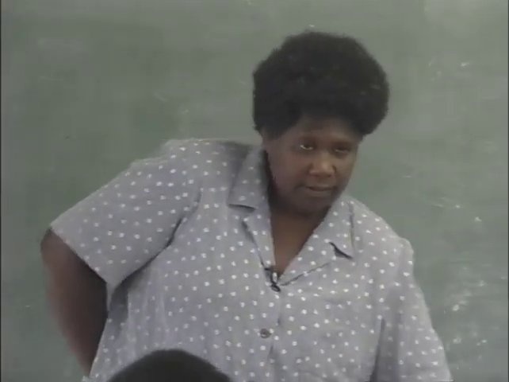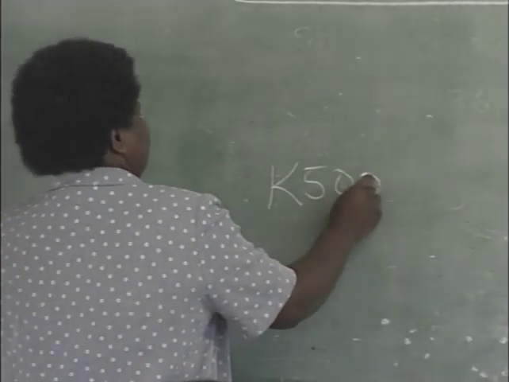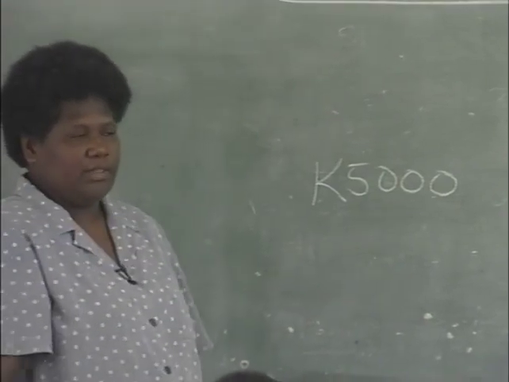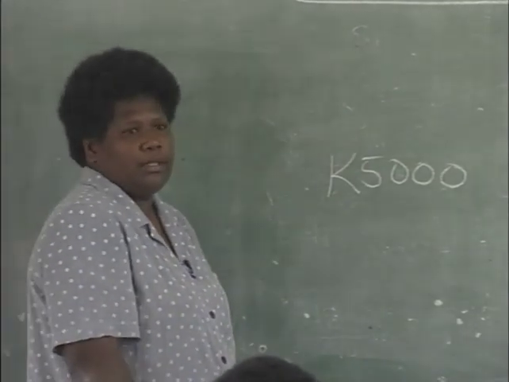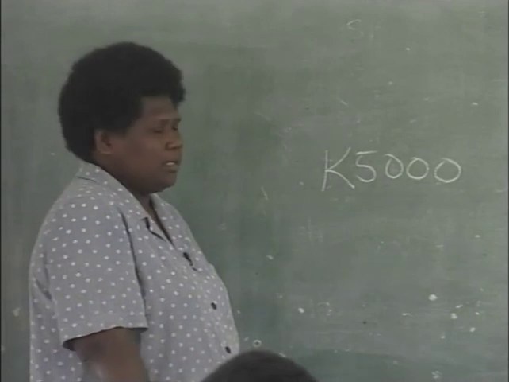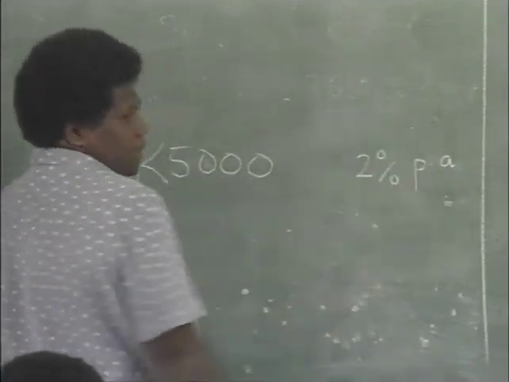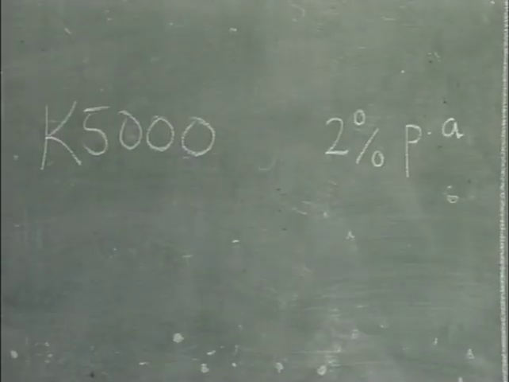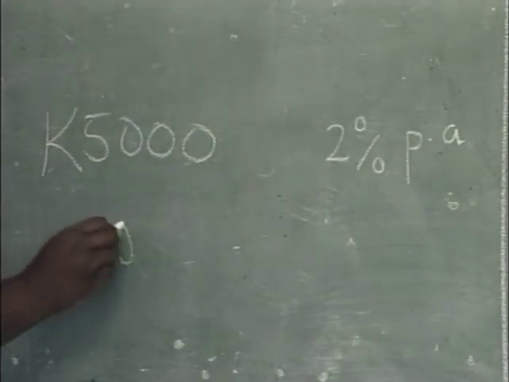No. Okay, if I invested 5,000 kina at BSP, and they told me that they are going to give me interest on 5,000 kina of 2% per year, which is usually per annum, and they tell me how much I am going to get after 10 years.